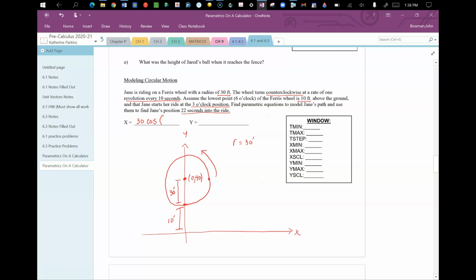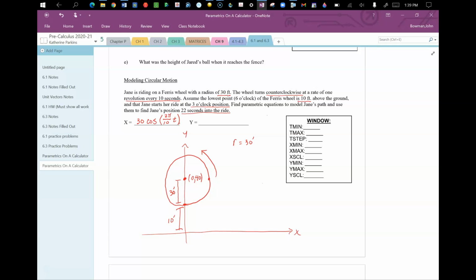The easiest way to do this is in radians. You could do it in degrees as well if you want, but we know that Jane makes a full rotation, 2 pi, every 10 seconds, and then we're going to multiply that by t. So, for example, if t were 10, then we would be taking the cosine of 2 pi.